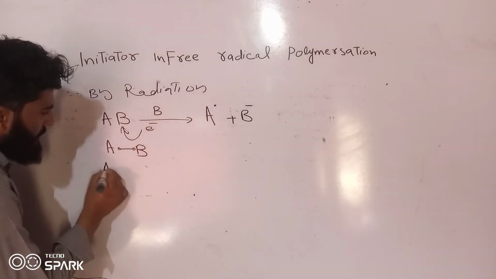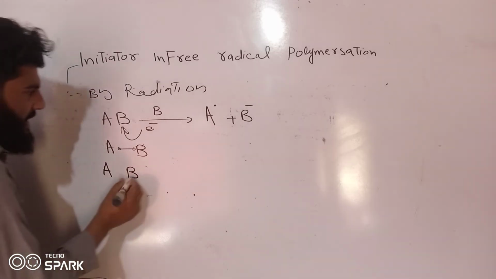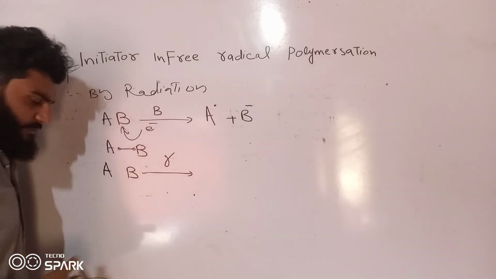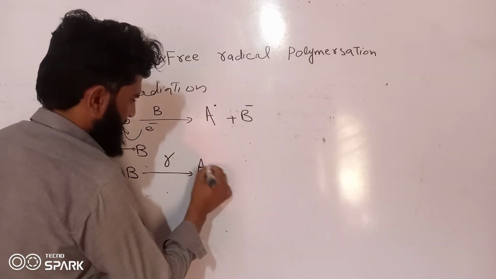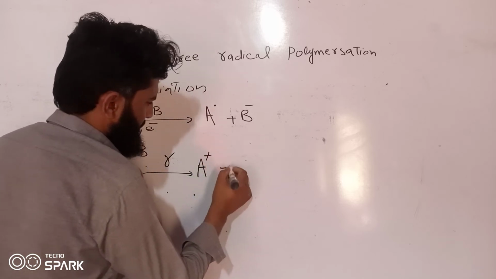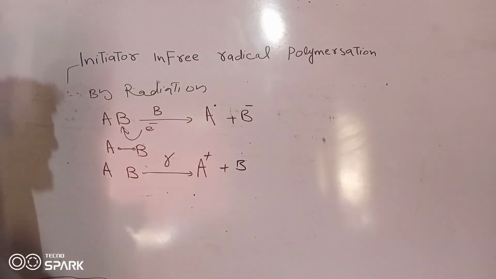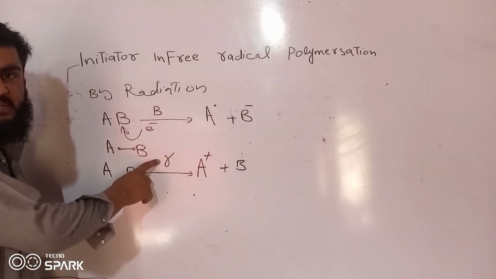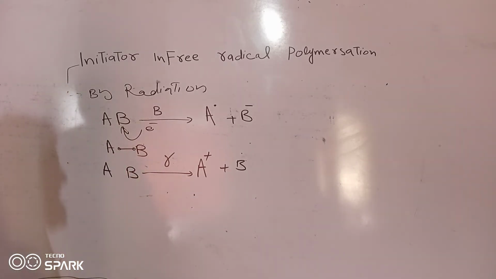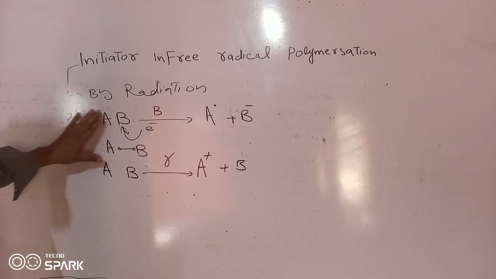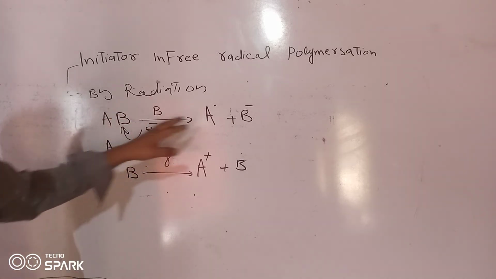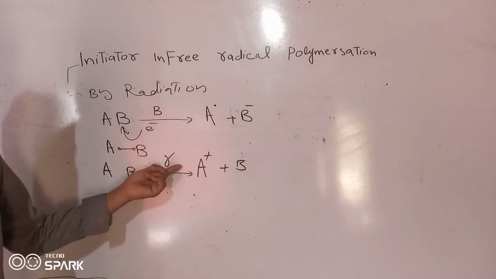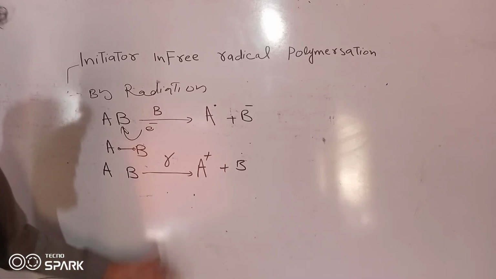So if we have AB and apply gamma radiation, we will get A plus B positive. You know that this is neutral, and it can ionize. So when we apply beta radiation, the electron is accepted by B and forms a negative ion, and when we apply gamma radiation, electrons are removed from this compound.